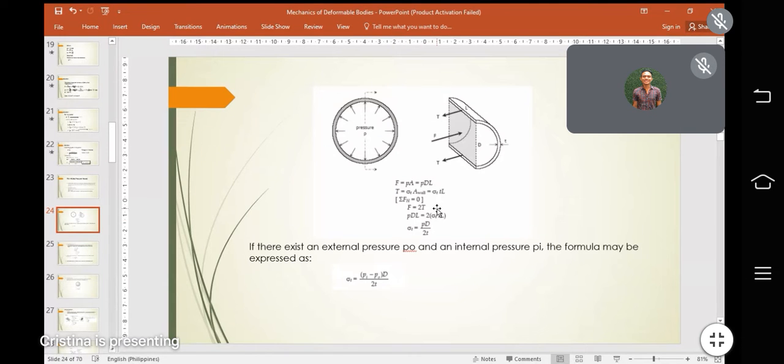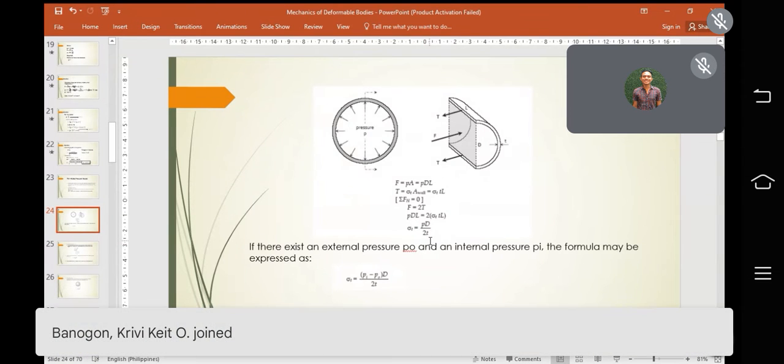Since there are two sides of the tank, we have two reactions, so 2T. Substitute the values: PDL equals 2 sigma T, the stress of the wall, times T times L. Simplify, we simply get PD over 2T.